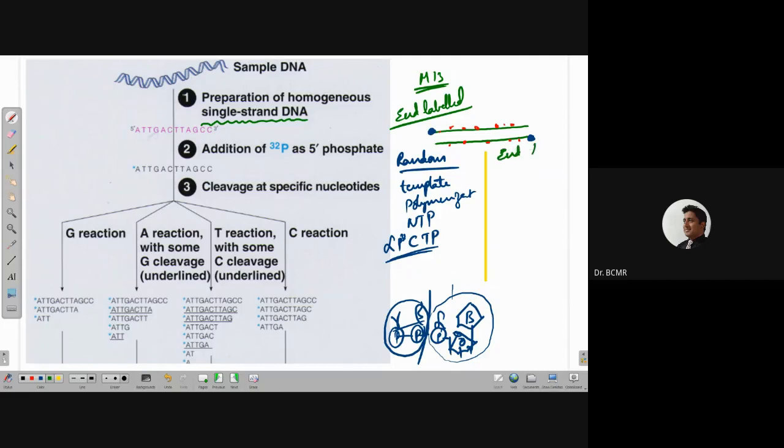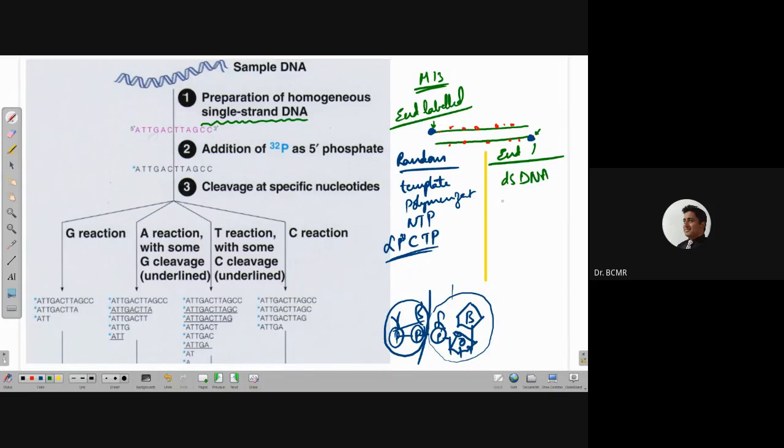In end labeling, we are supposed to only add a phosphate group on the 5' side. So one phosphate. What we need is the double-stranded or single-stranded DNA, whichever is the case, which you want the target to be labeled. Then you need an enzyme.